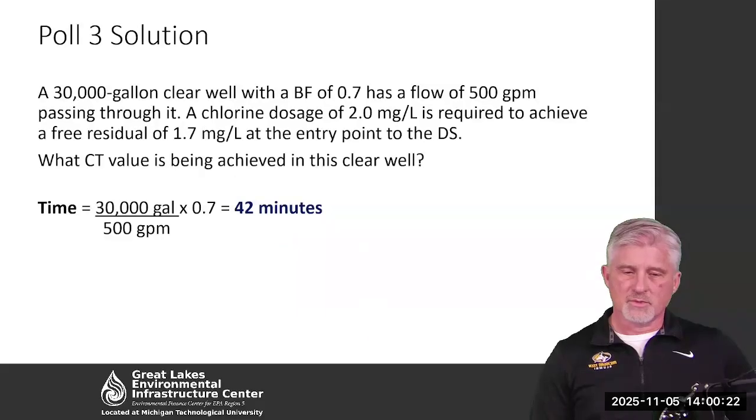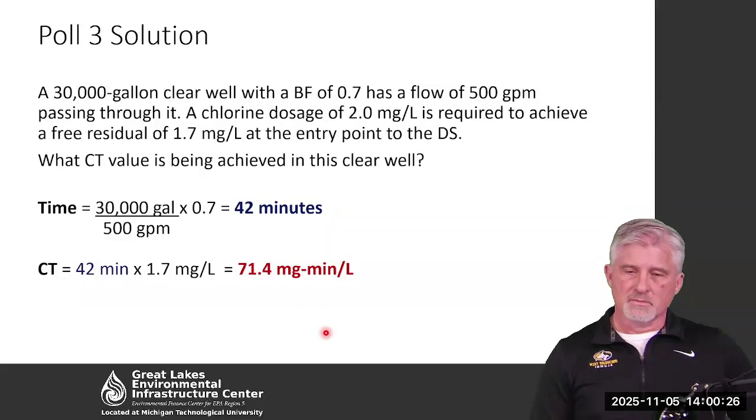So that gives us 42 minutes for our time. And so our CT is that 42 minutes multiplied by the chlorine free residual, which is 1.7 parts per million, and it gives us 71.4 milligram minutes per liter.